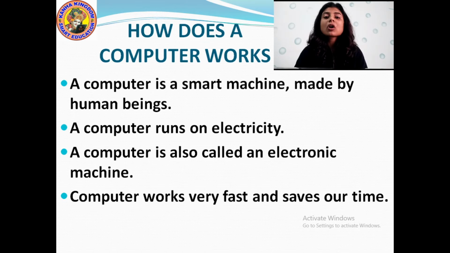Machines that work on electricity are called electronic machines, and a computer is also an electronic machine. A computer works very fast and saves our time. When we work on a computer, our work is completed very fast and it also saves our time. Okay?